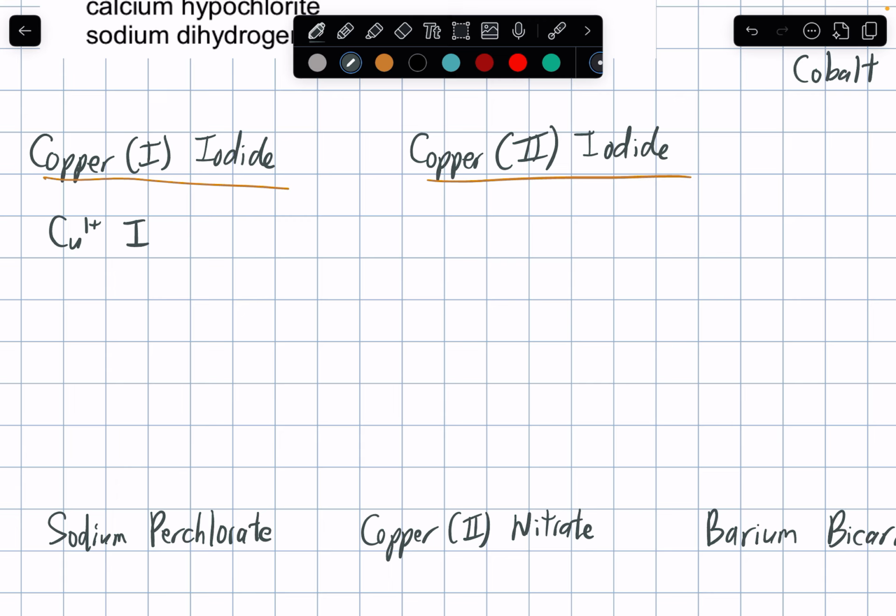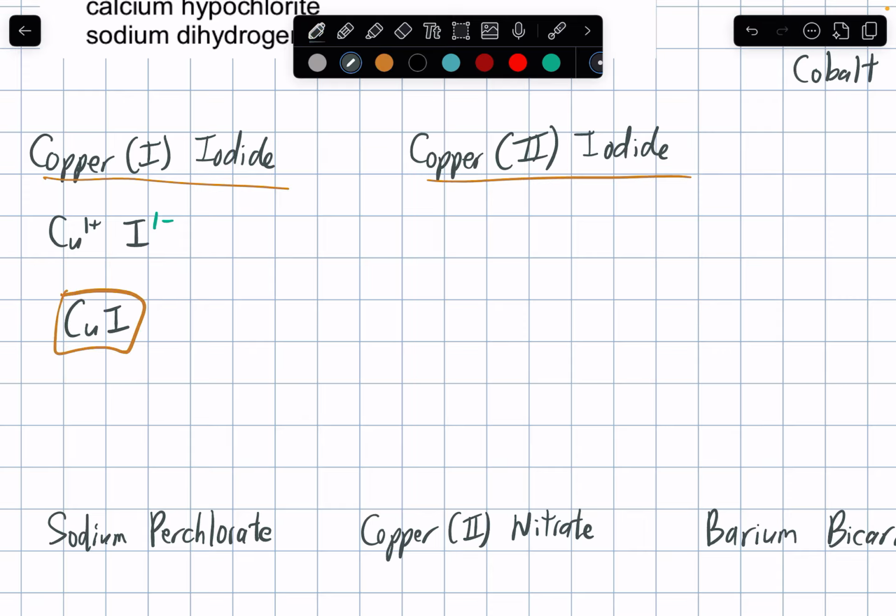Okay, so it turns out iodide is 1 minus. So that's just basically going to be CuI.